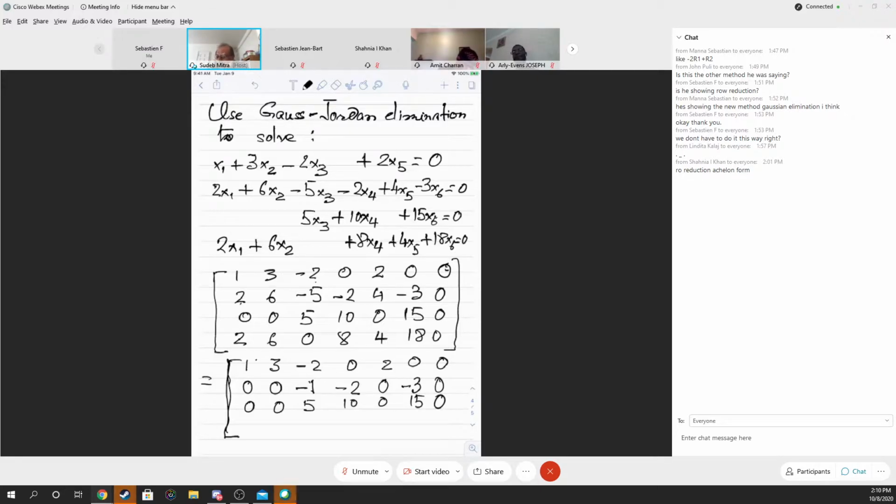Multiplying now again the first row by minus 2, add it to the fourth row. Minus 2 times minus 2, 4. Minus 2 times 2 is minus 4.